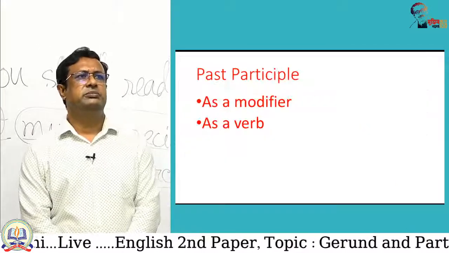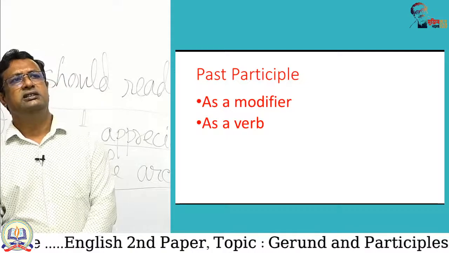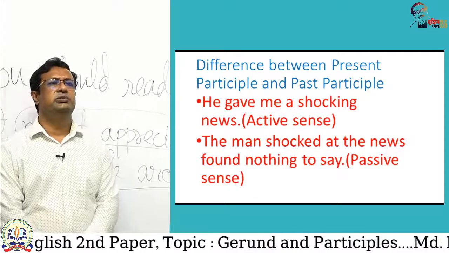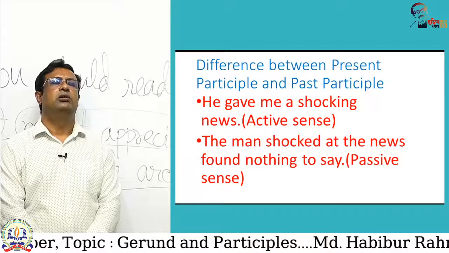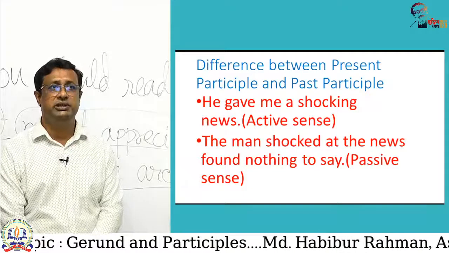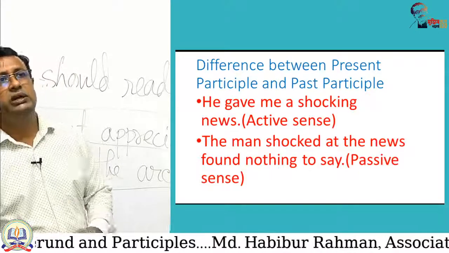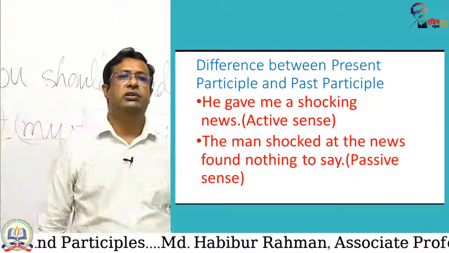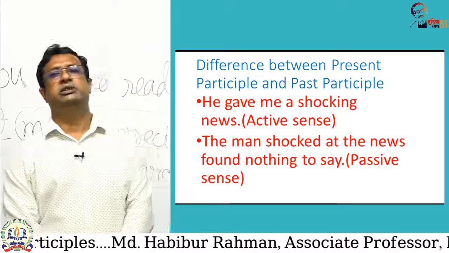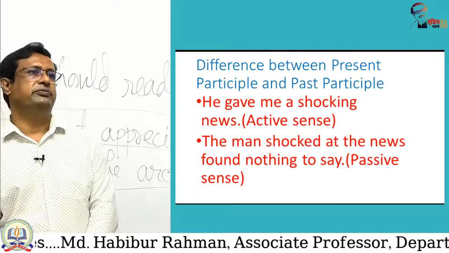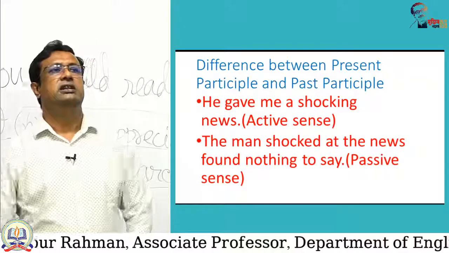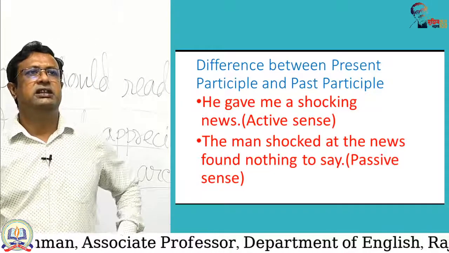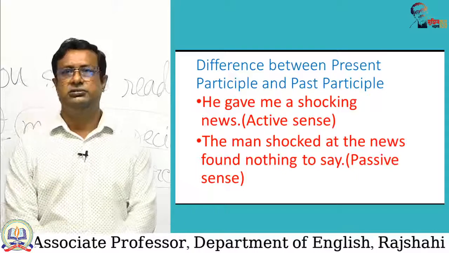Is there any difference between them? Where should we use the present participle as a modifier, and where should we use the past participle? Notice the two sentences on the screen. The first sentence is, he gave me a shocking news.